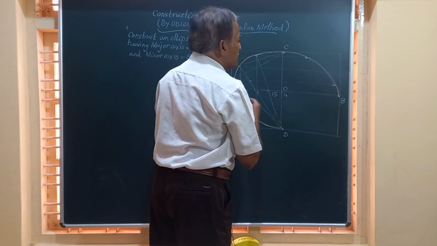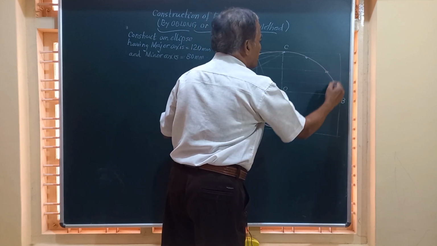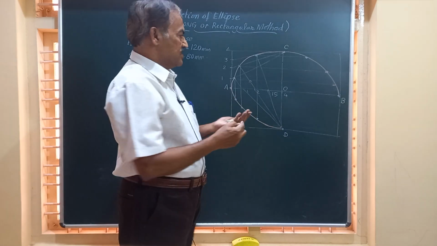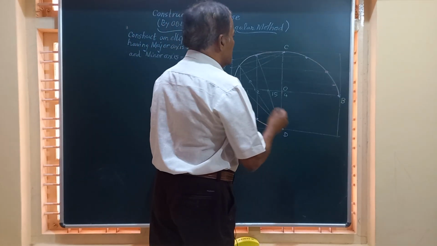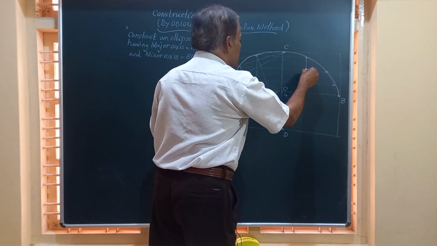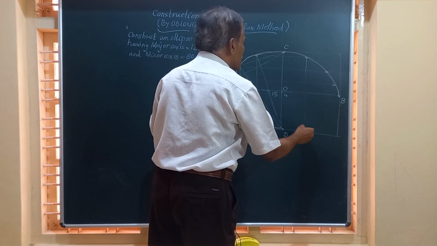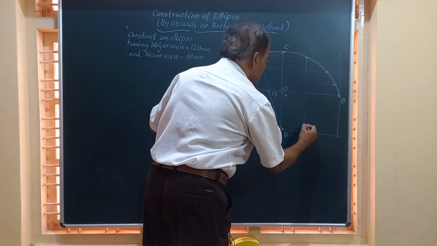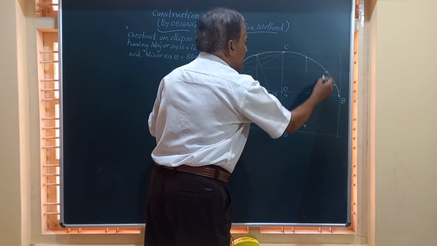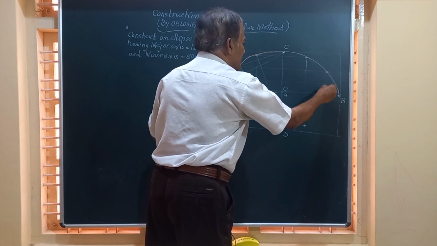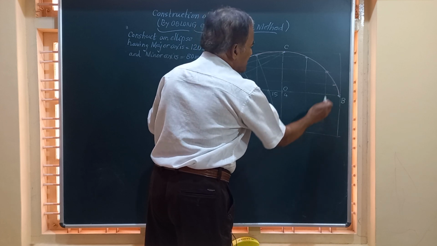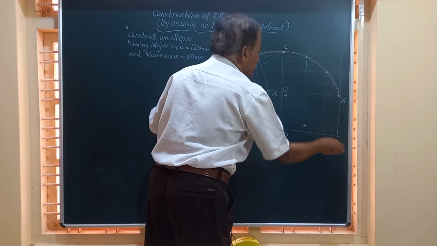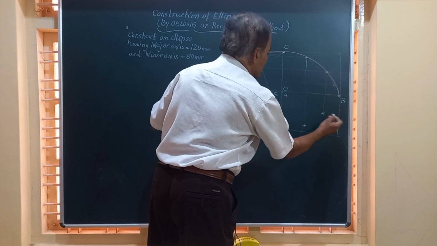We have to obtain the mirror image of all these points 1, 2, 3 and get the quarter ellipse here. So friends, draw a vertical line from there, thin line. You know the distance from AB to here, mark on this, you get a point here. Similarly, you have this, draw a vertical line from there and the distance of this is known to us. Whatever the distance you got between these two, transfer this onto this.